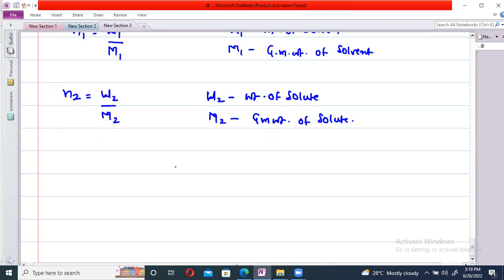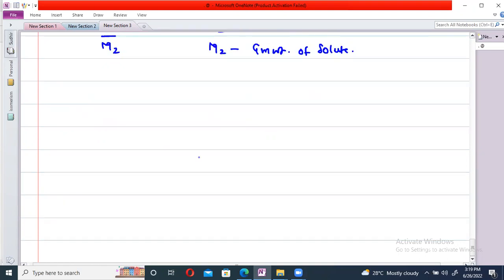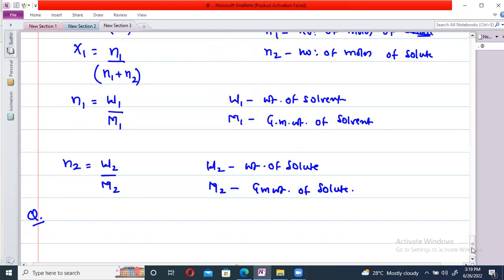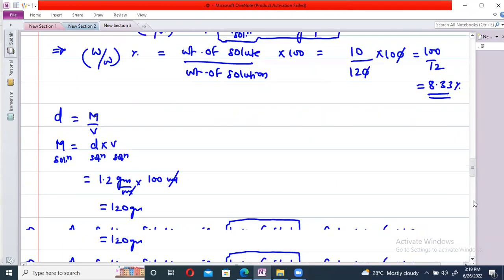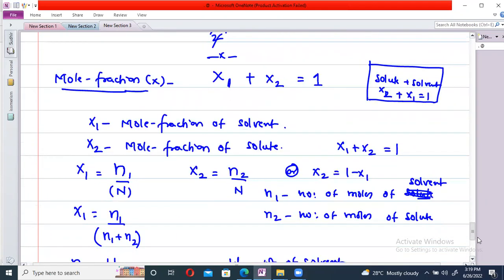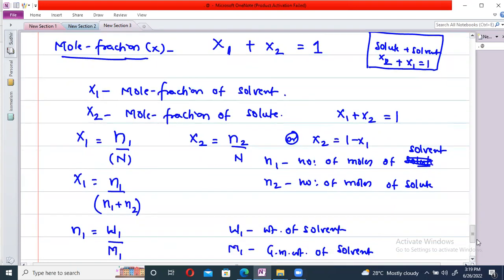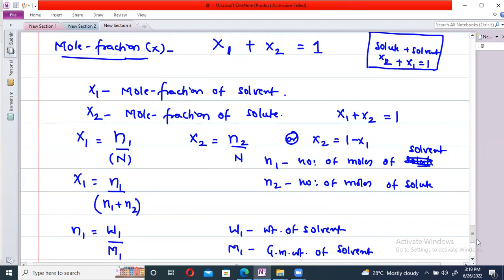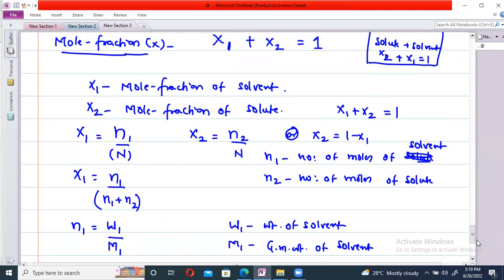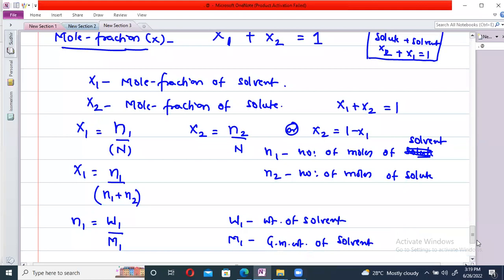Right? Now we'll go with some examples, because these are the formulas we wrote. Once again, check the formula. Mole fraction is denoted as X. X1 plus X2 equals 1. X1 is the mole fraction of solvent and X2 is the mole fraction of solute. The sum of the mole fractions of solute and solvent equals 1.